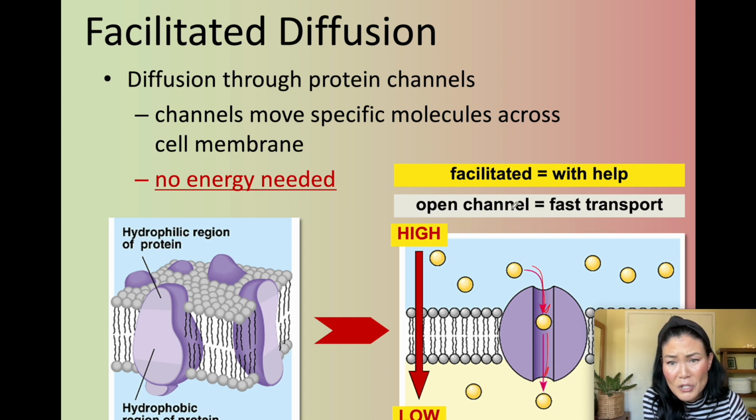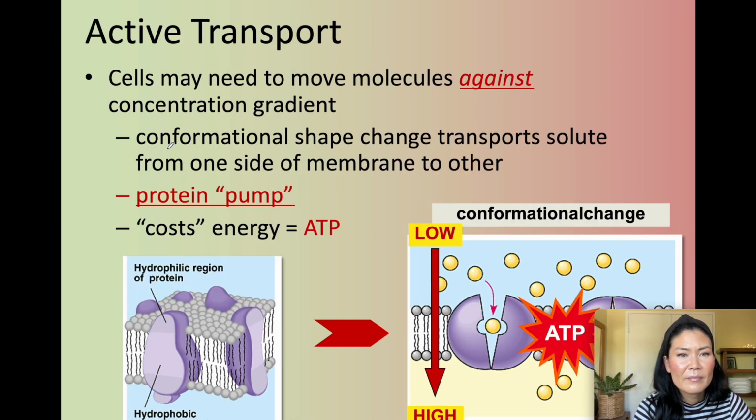So the open channel, it's pretty fast. These molecules are moving through pretty fast from high to low. There's no energy needed here because this is an example of diffusion, but it is specifically facilitated diffusion because these molecules are polar. Because these molecules are polar, they have to go through a transport protein.